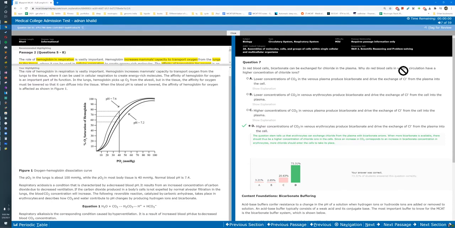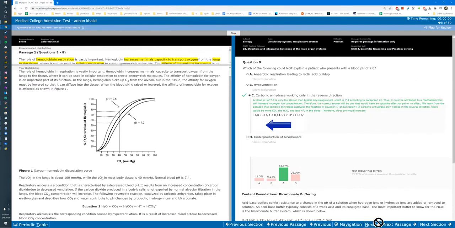And CO2 basically enters the red blood cell where it becomes carbonic acid, and then it can leave as bicarbonate, and then chloride goes into it. So, yeah, of course, there will be more chloride ions in the red blood cells of the venous circulation, right? Because there's more CO2 anyway. So yeah, higher concentrations of CO2 produce bicarbonate, which leaves, and then chloride enters.